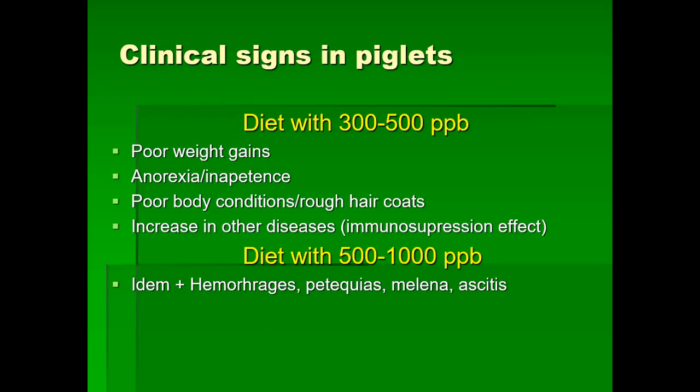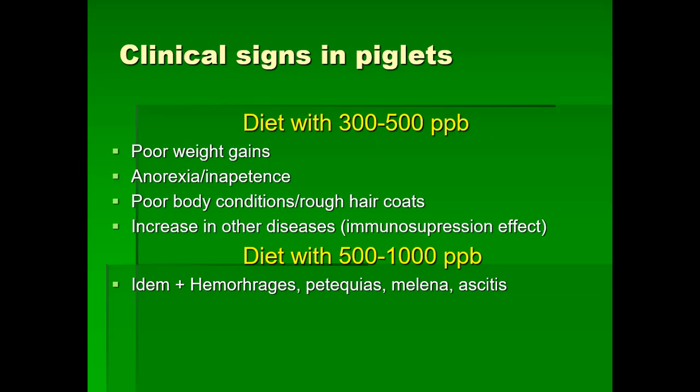So what are the clinical signs in piglets? Well, not very specific, as you may expect. Poor weight gains, anorexia, poor body condition or unthriftiness, rough and dull hair coat, and also an increase in prevalence of other infectious diseases, because these are immunosuppressive toxins.